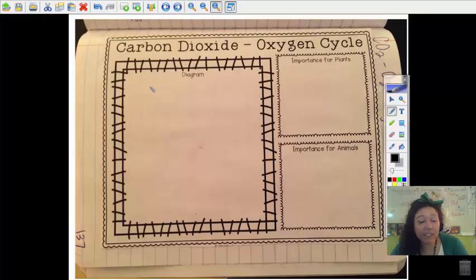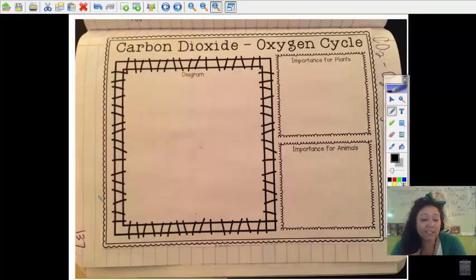Today we talked about photosynthesis, and we talked about how plants have to undergo that process called photosynthesis in order to produce their own food, that glucose that they use. And we talked about how it needs carbon dioxide, so the plants have to have carbon dioxide in order for photosynthesis to happen.